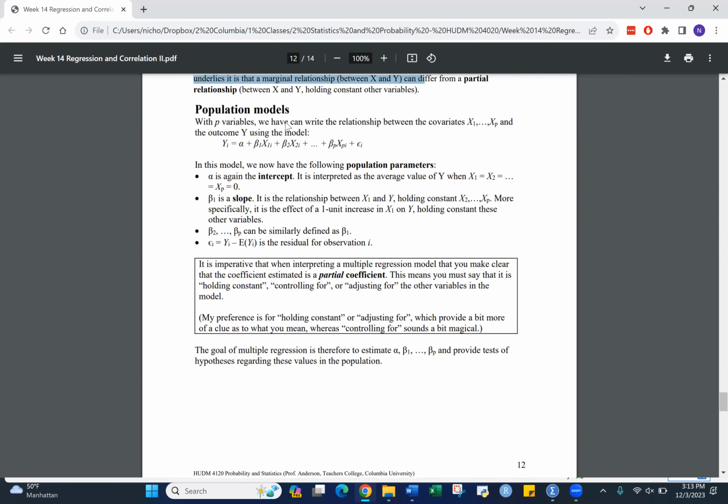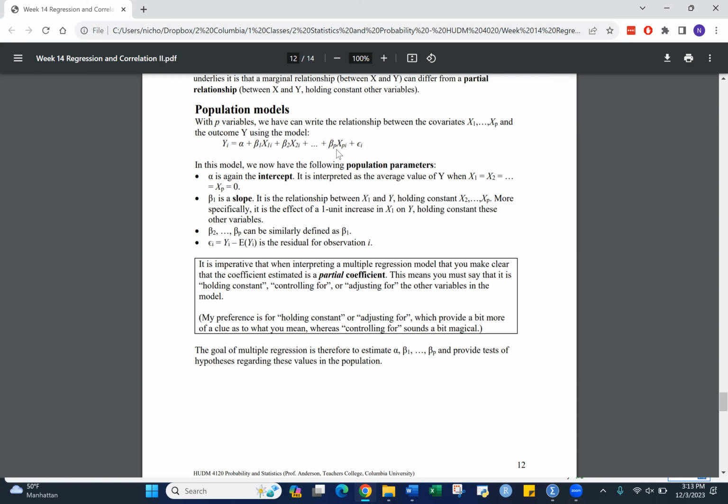So to extend this in a regression model, before we had alpha, beta 1, x1, and then we had the error. When we wrote the full population regression model, remember we had that error in there. In multiple regression, you just add in an extra slope parameter for x2, an extra one for each x, and you can have as many x's as you want.